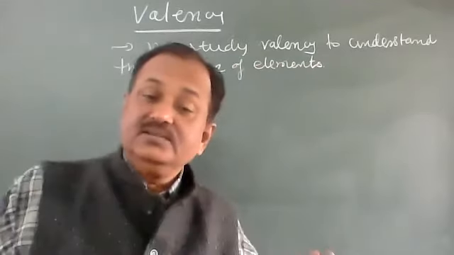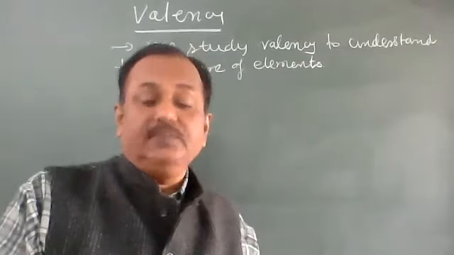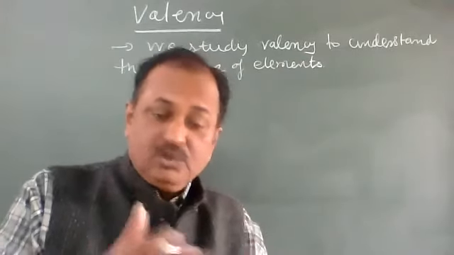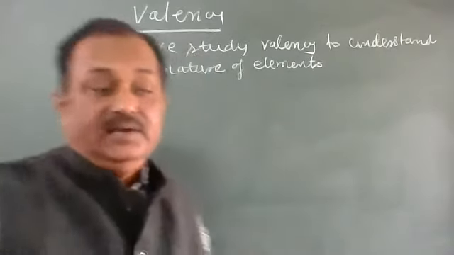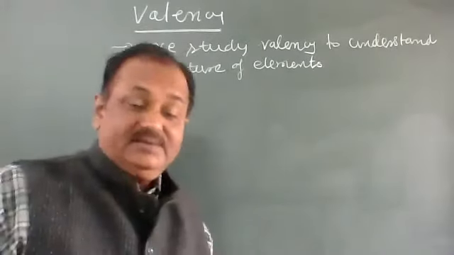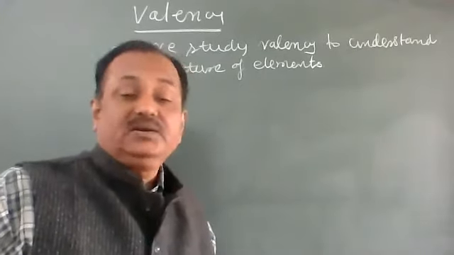So this is the one. Now, the other is how we come to know about the valency. You know about the electronic configuration, so valency can be determined, or calculated, from the electronic configuration.